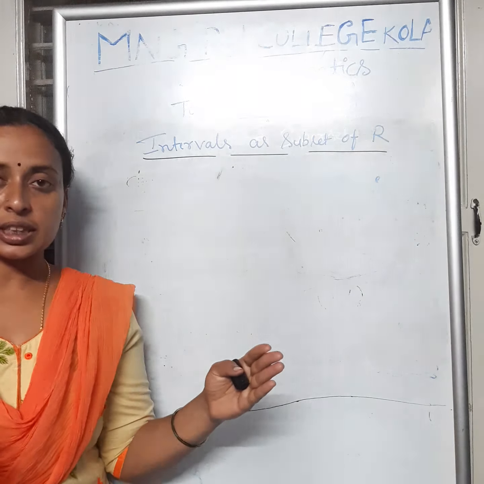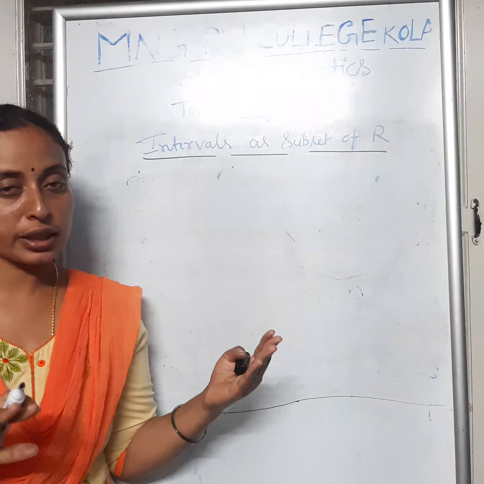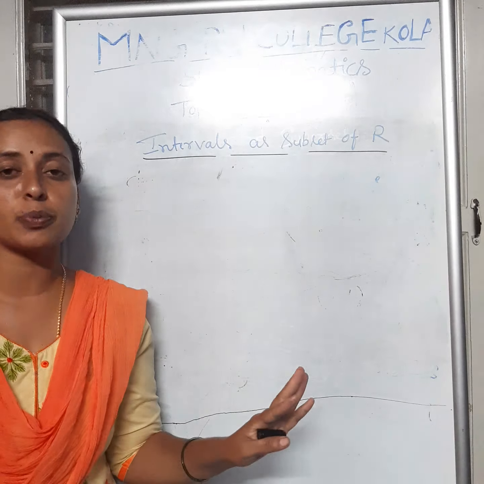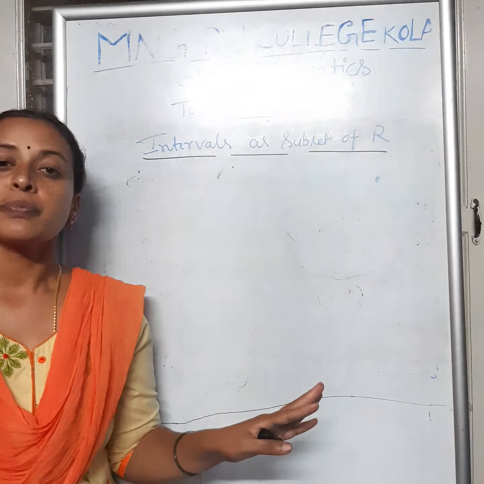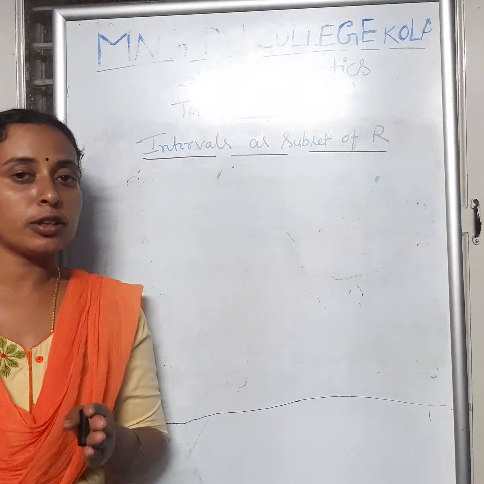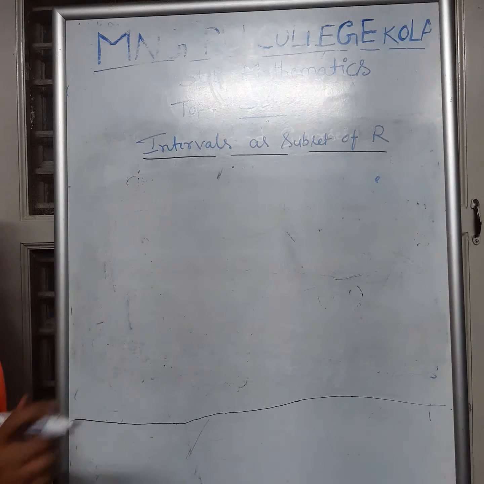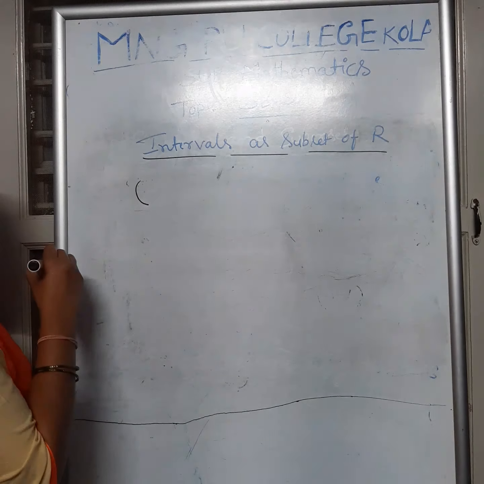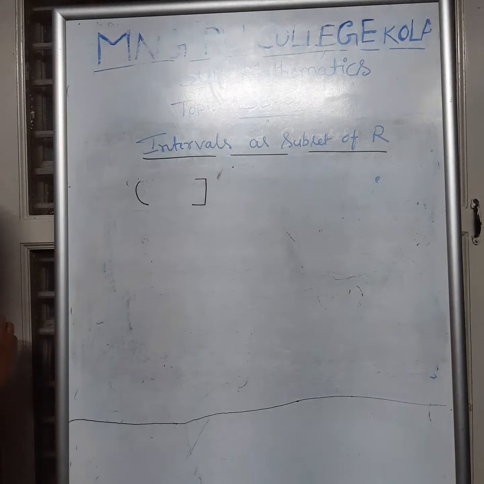In the closed intervals we should consider even end points also. So in the open intervals we don't consider the end point. In the middle, whatever value will come, that only we consider. But in the closed interval, including the end point also we consider. So half-open interval means it contains an open interval bracket and a closed interval bracket.